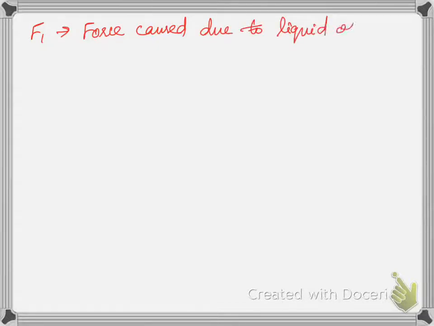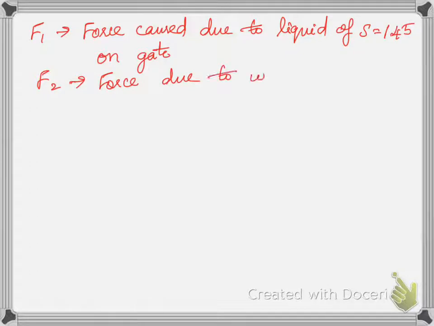So again I repeat, let F1 be the force caused due to liquid of specific gravity 1.45 on the gate. F2 be the force due to water on the gate.